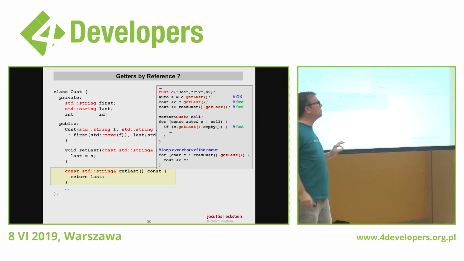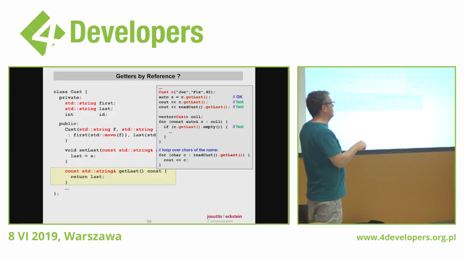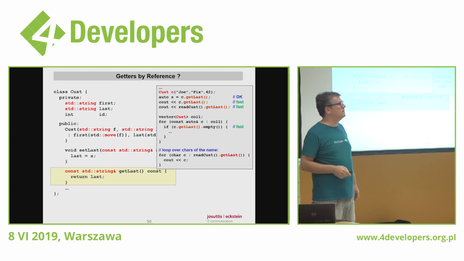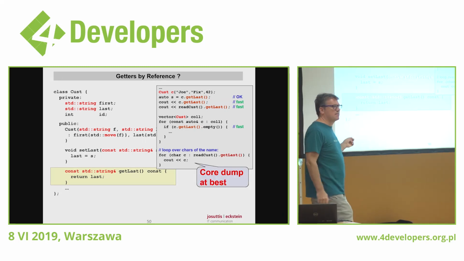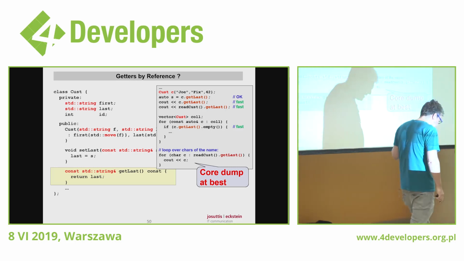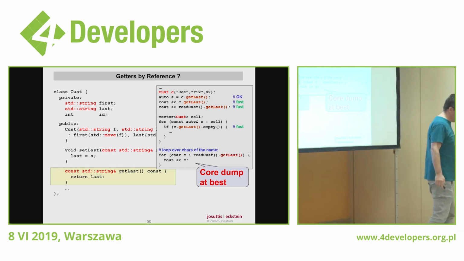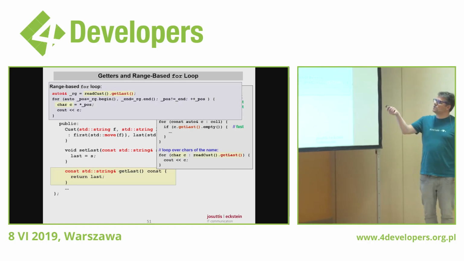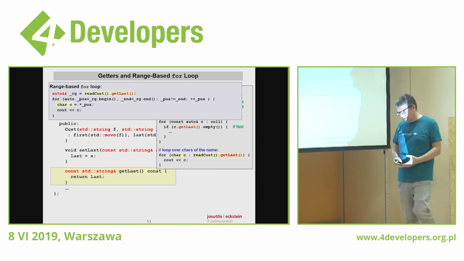And now let's use this new range-based for loop to iterate over the characters of the last name. What happens here? Core dump at best. Why that? Why the hell is this a problem? Well, this is the implementation of the range-based for loop as it is specified in the standard.